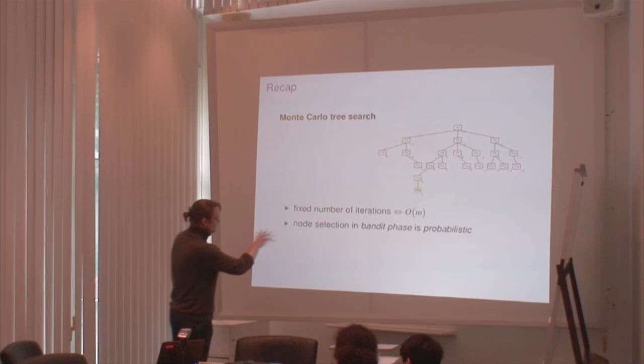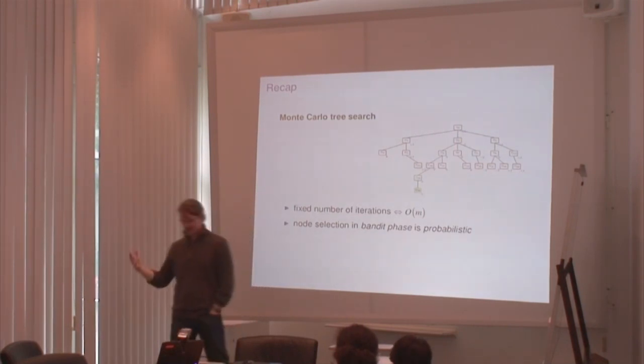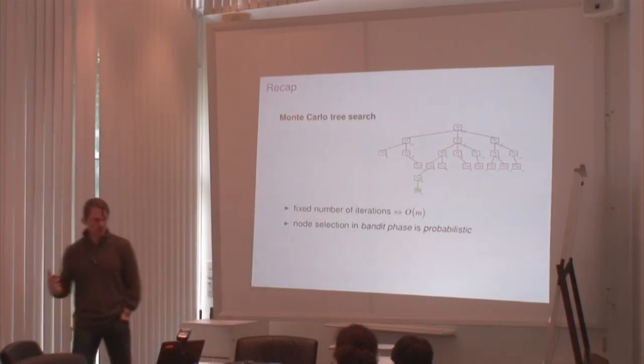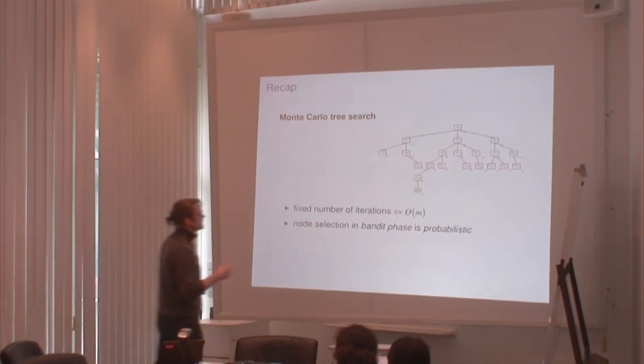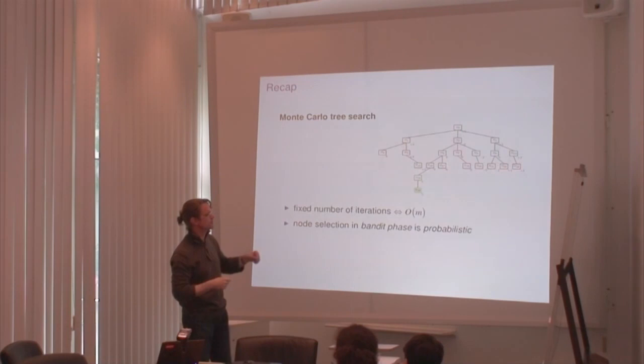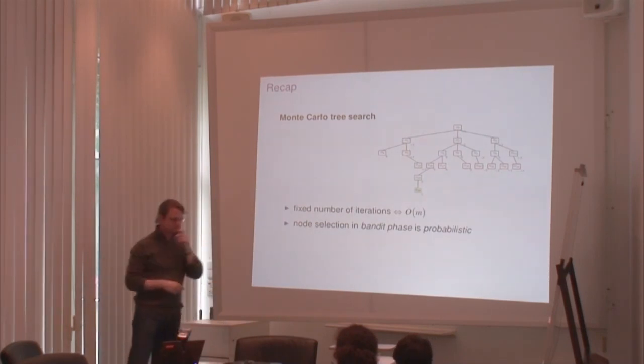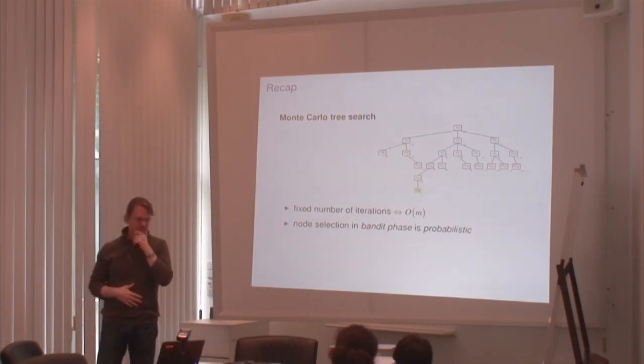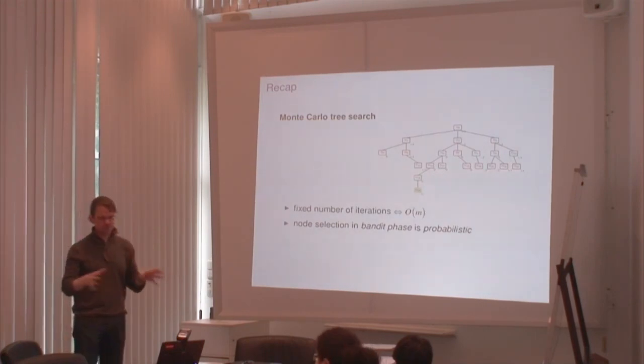The node selection in this first phase, in the bandit phase, is probabilistic. And by that I mean, again, we start the next iteration of this algorithm at the root node of the tree. We have to decide on a branch to further explore.